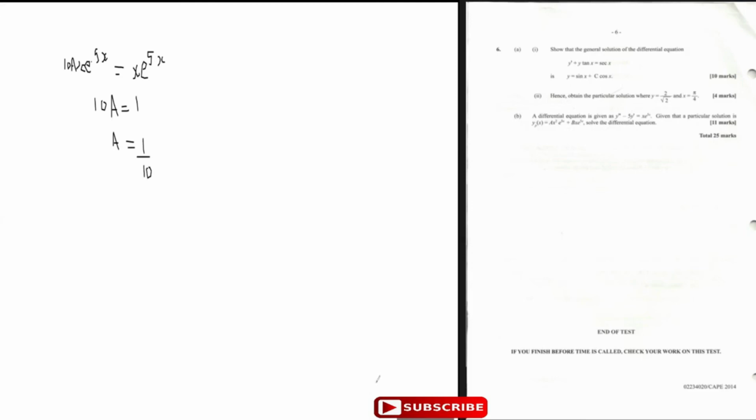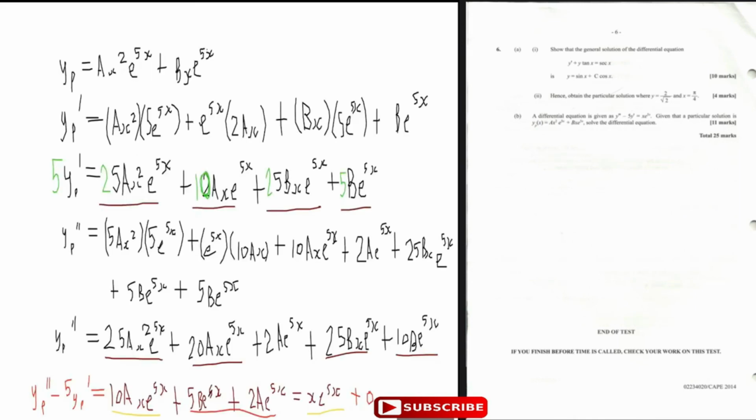All right, now that we get a is 1 over 10, what else we need to find? We need to find b. Now 5b e to the 5x plus 2a e to the 5x must equal 0.